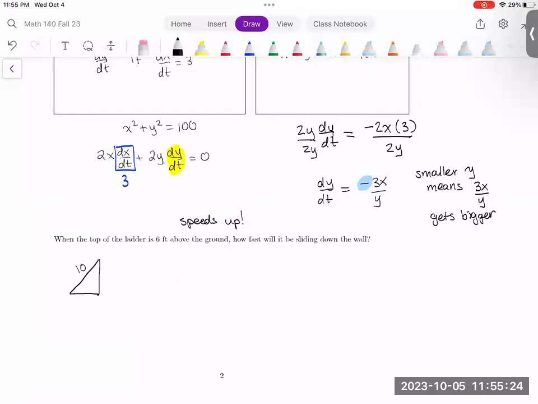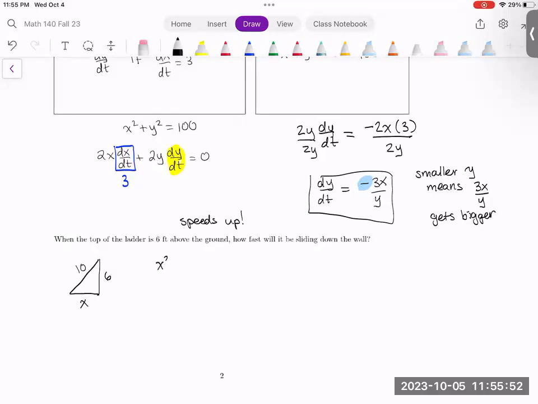We have x, which is our distance from the wall, our ladder length of 10, and our y value here is equal to 6. We're able to solve for x, which we're interested in because it shows up in our formula for the rate of change of y.